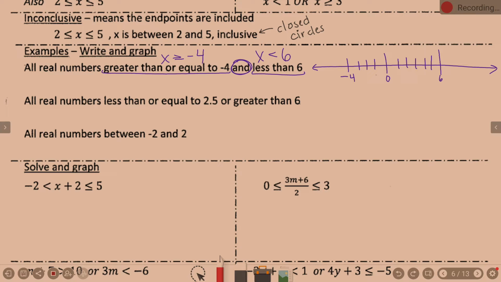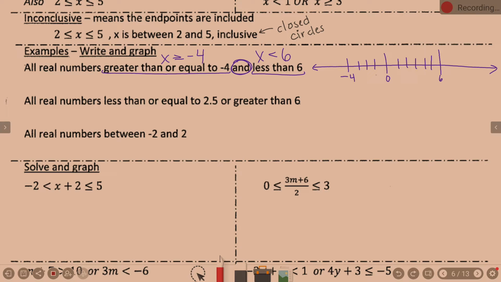How do we graph X greater than or equal to -4? If it's X greater than or equal to -4, what do I need at -4? Come on, guys, you all know this. What kind of circle do I need at -4?